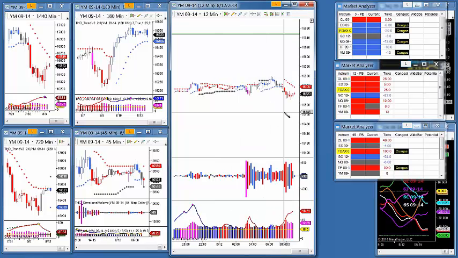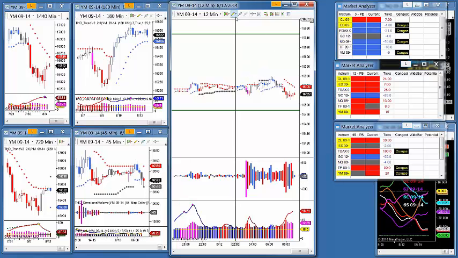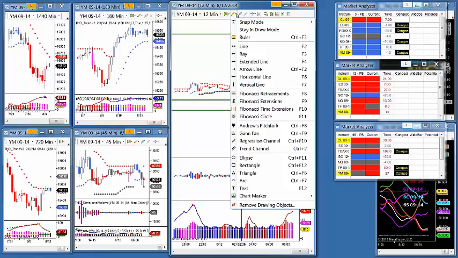So we're going to mark that on the chart. It doesn't have to be exact as long as you're very close to the area. Then we also have 16,510. And up above us we have 16,550.